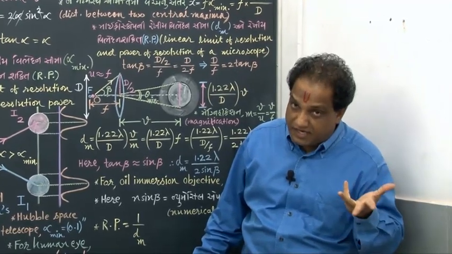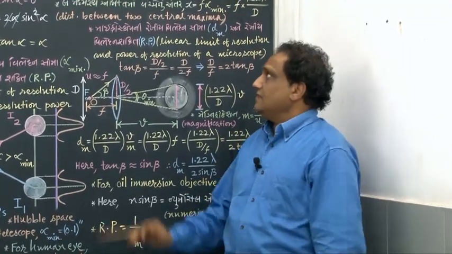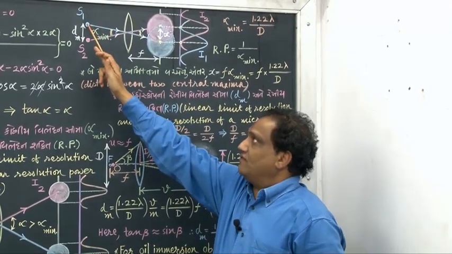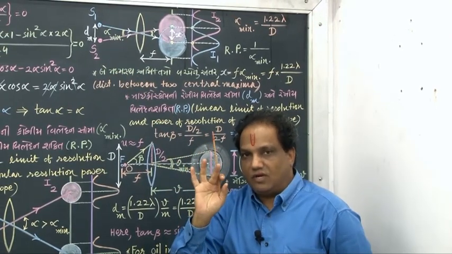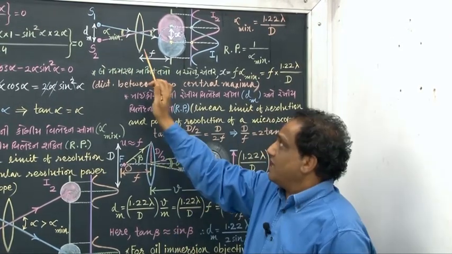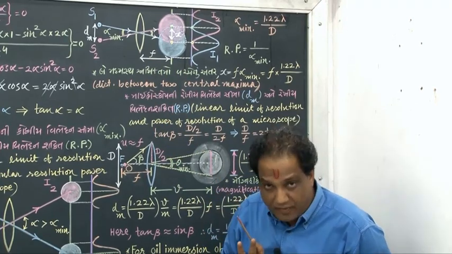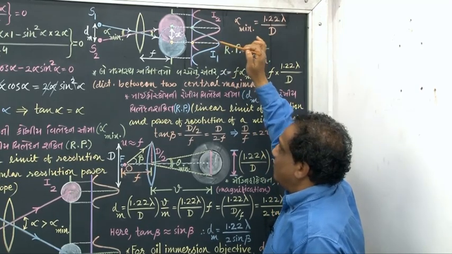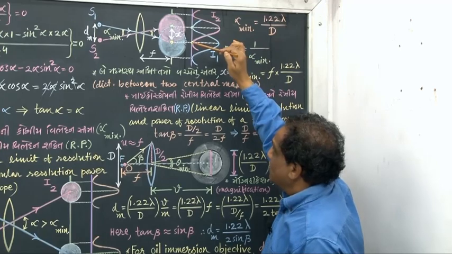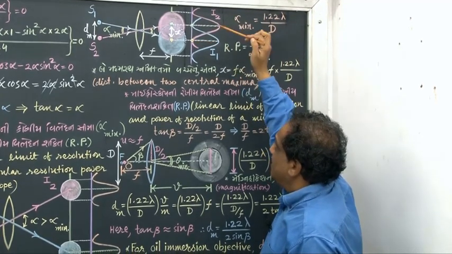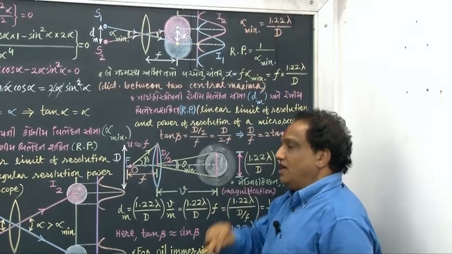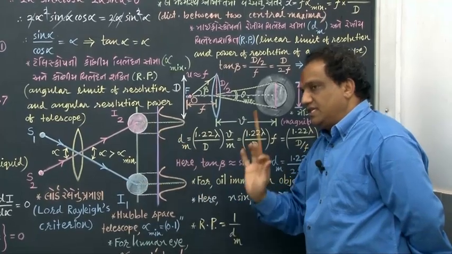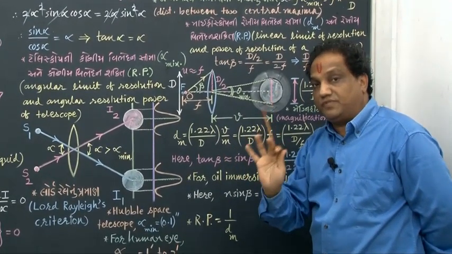What is Lord Rayleigh's criterion? Very simple. In the diffraction patterns obtained of two point-like closely lying objects by some given optical instrument, if the central maximum of the diffraction pattern of the first object is superposing on the first order minimum in the diffraction pattern of the second object, or it is obtained away from it, then those two images are said to be of two different objects.